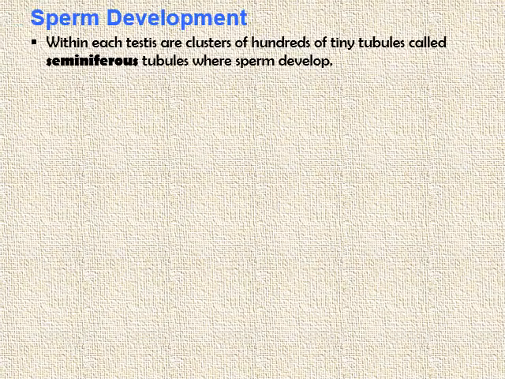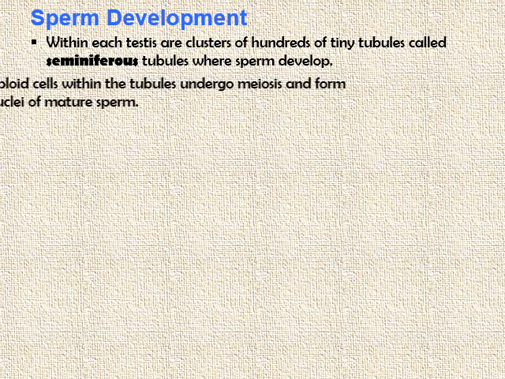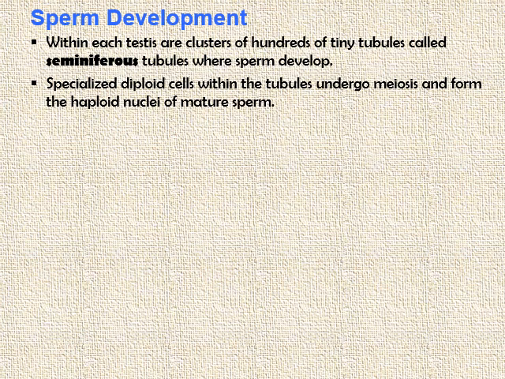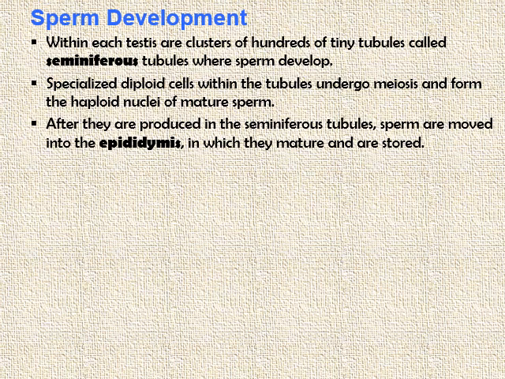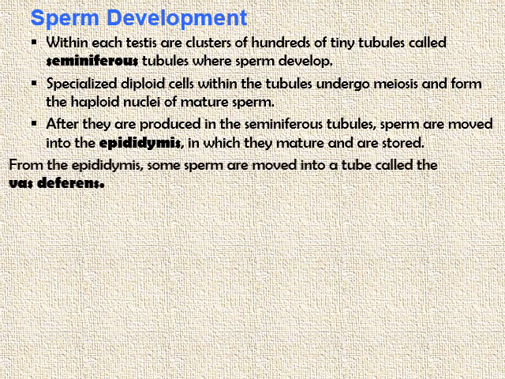Sperm development. Within each testis are clusters of hundreds of tiny tubules called seminiferous tubules where sperm develop. Specialized diploid cells within the tubules undergo meiosis and form the haploid nuclei of matured sperm. After they are produced in the seminiferous tubules, sperm are moved into the epididymis, in which they mature and are stored.